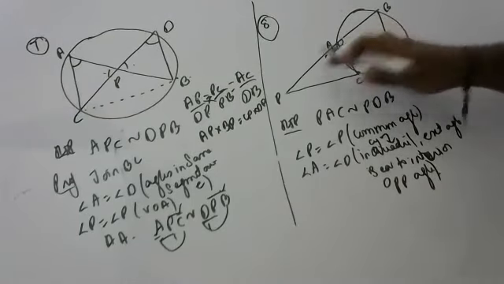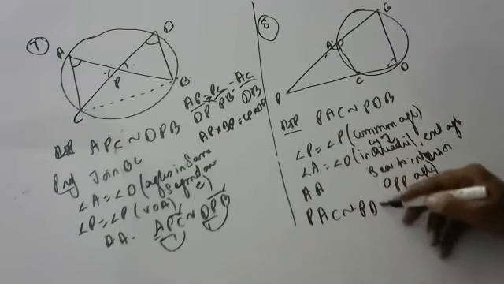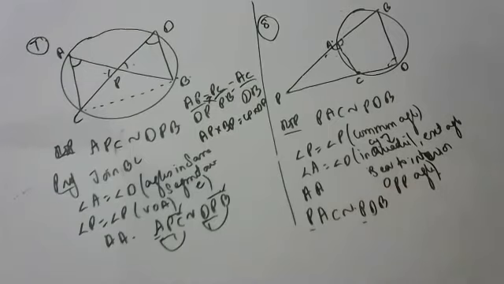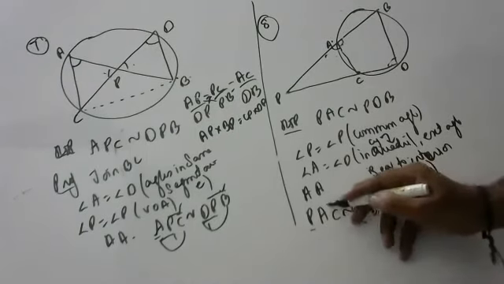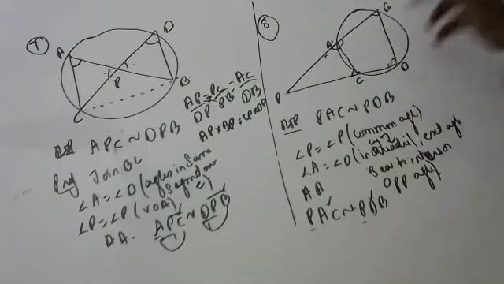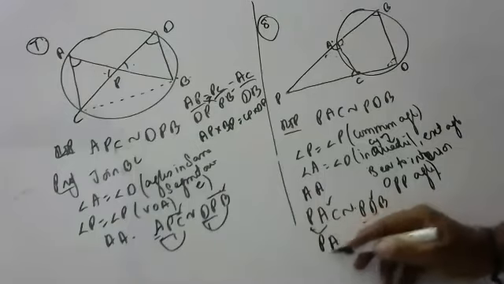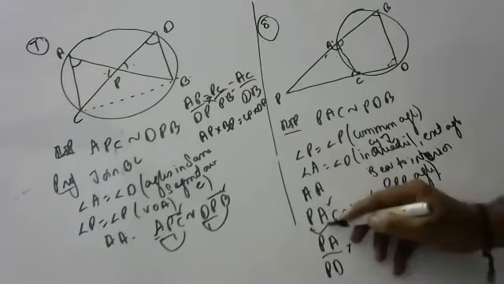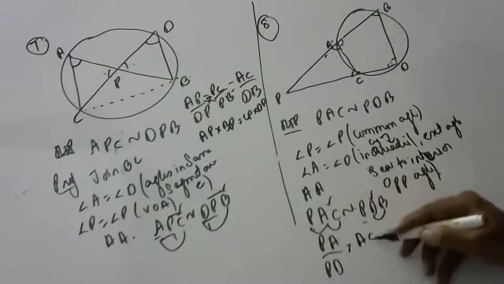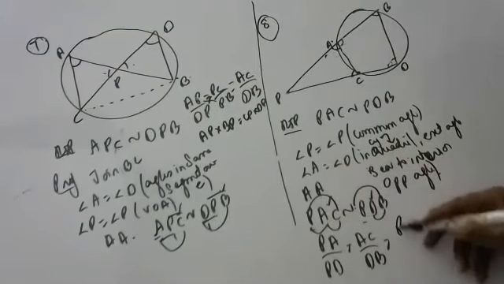So by AA similarity, PAC is similar to PDB. Let's check. P is a common angle. A and D are equal. Automatically C and B are also equal. Now can anyone see CPST? PA by PD is equal to AC by BD, equal to PC by PB.